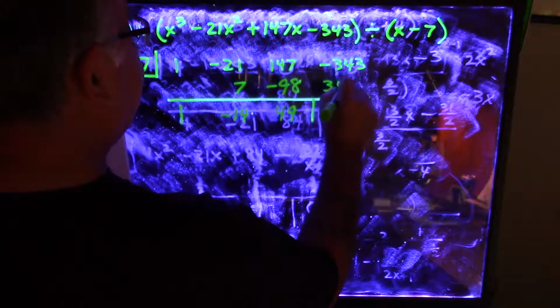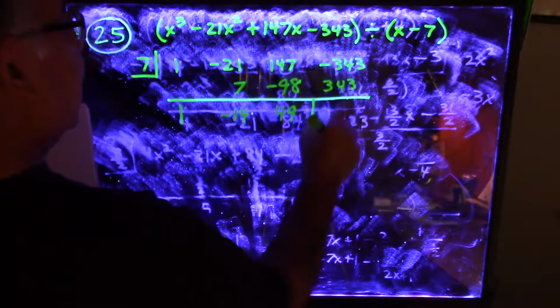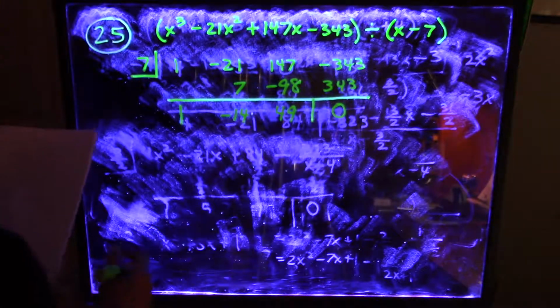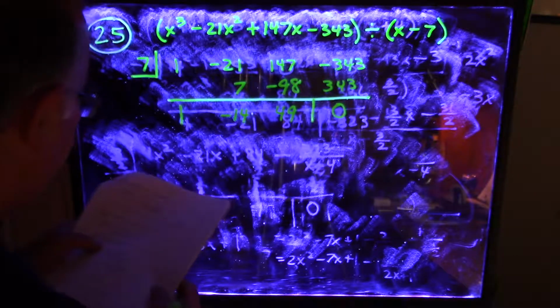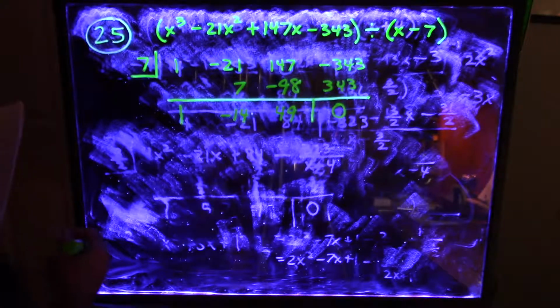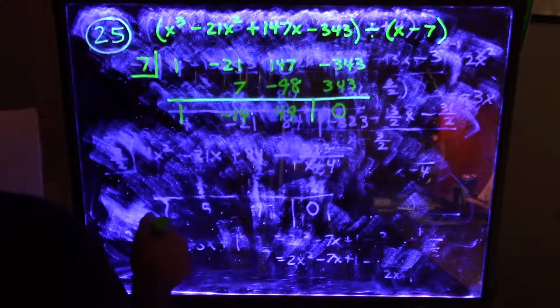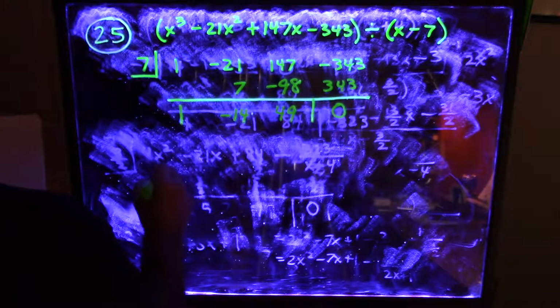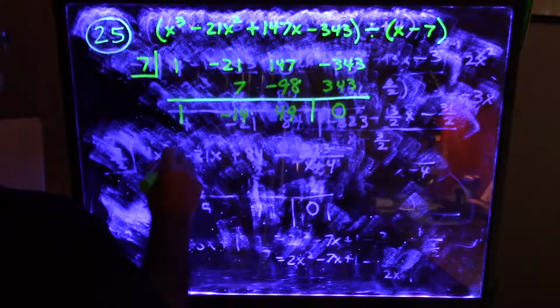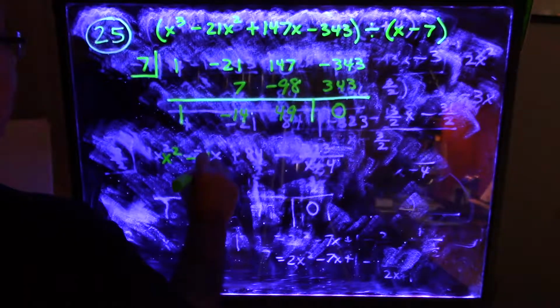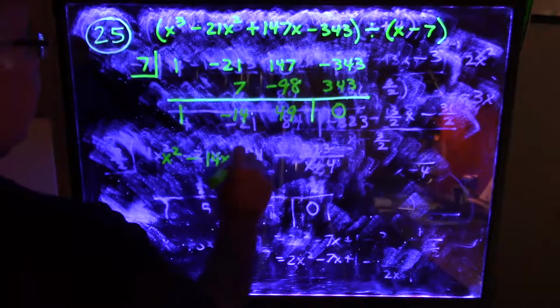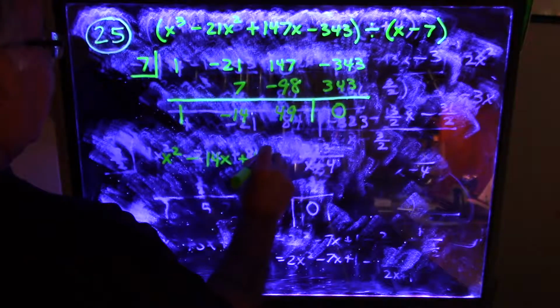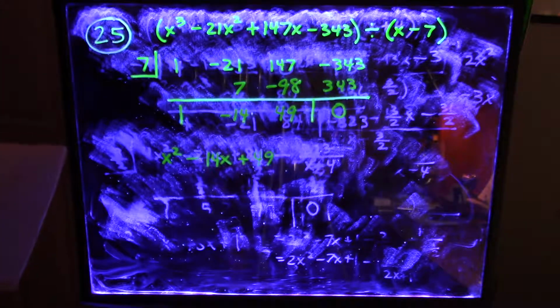How nice. Because when you add these, you get 0 for the remainder. Alright, so it turned out very nicely, even though the numbers look kind of daunting. So this division's answer would be x squared, 1x squared, minus 14x plus 49, and there's no remainder, so that's all there is.